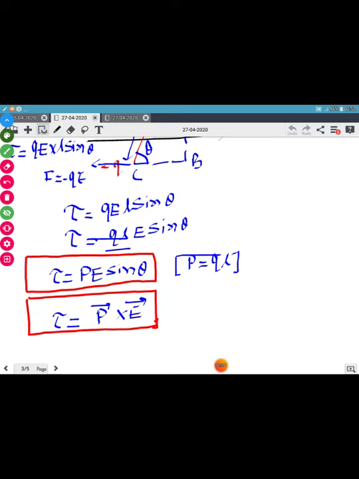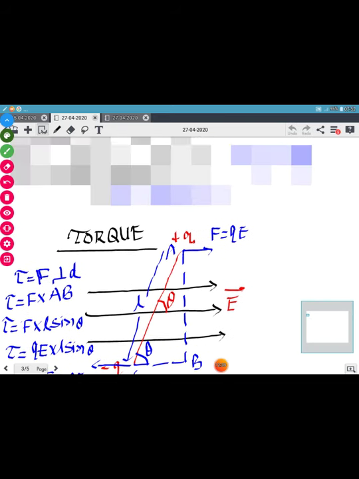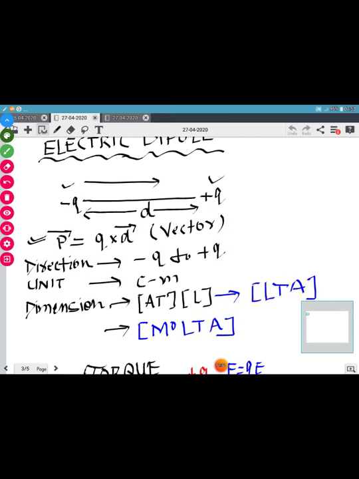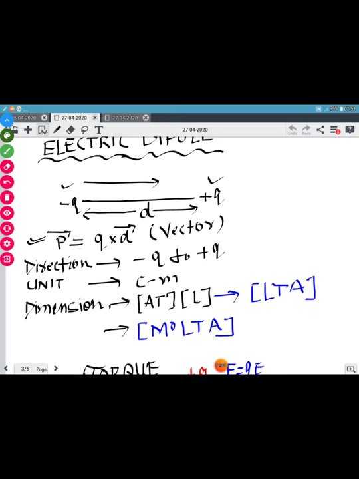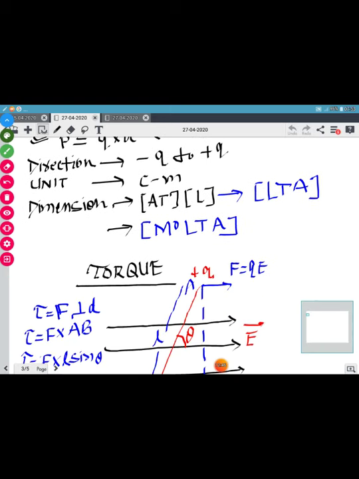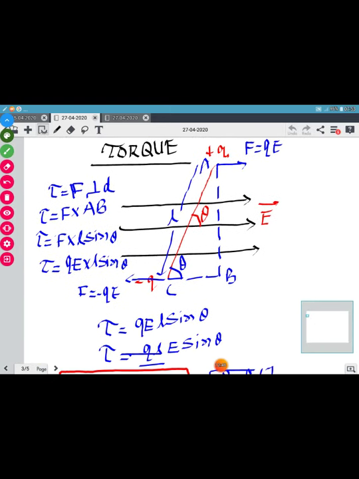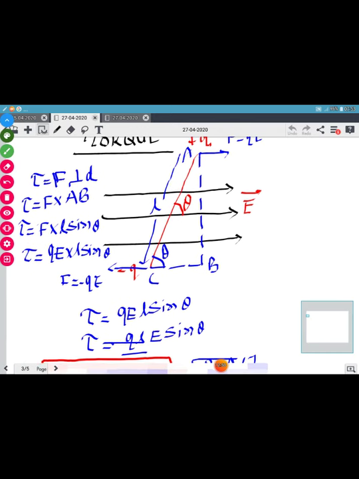Again, I revise: this is an electric dipole, a system of two equal and opposite charges separated by a very small distance. The electric dipole moment is a product of charge into displacement. Then torque, which is very important, is basically the turning effect of force.